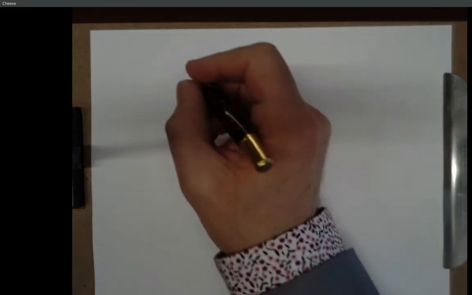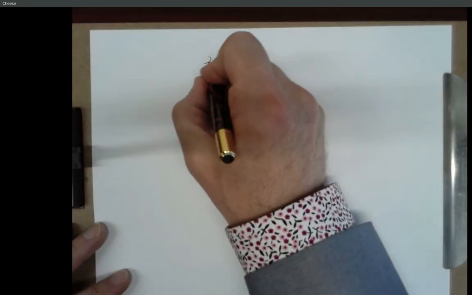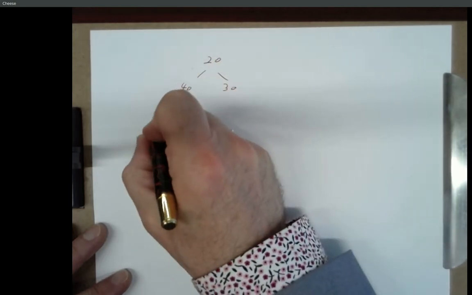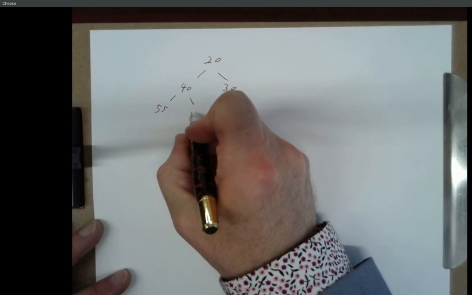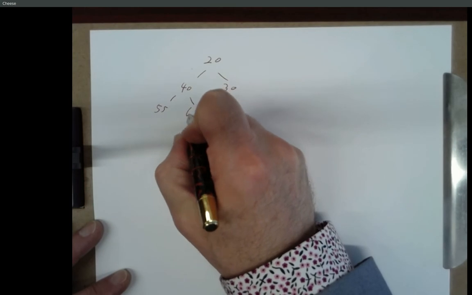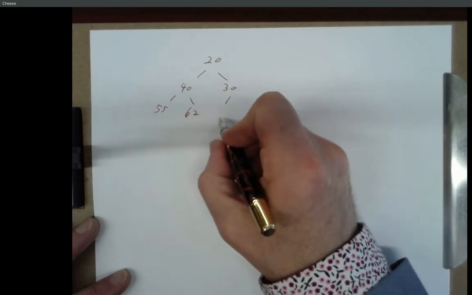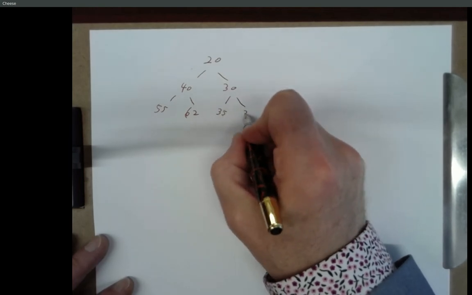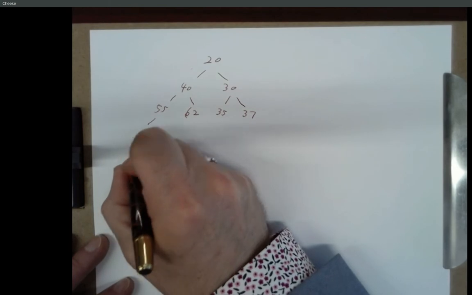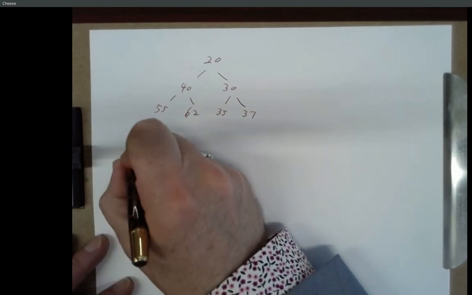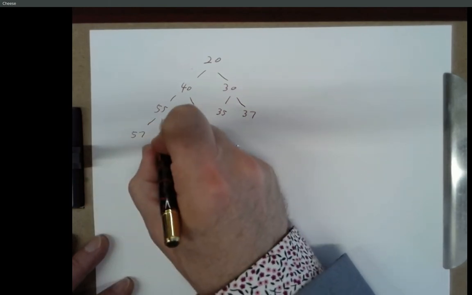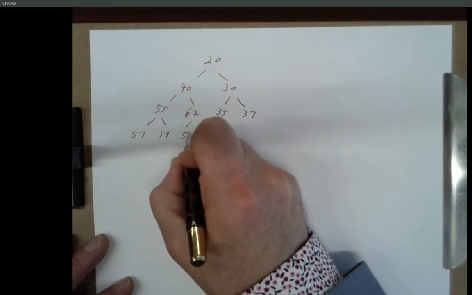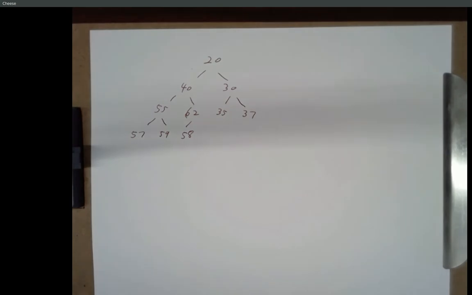So let me make you an arbitrary min heap. I feel like I'm going to mess this up because I'm used to doing max heaps.